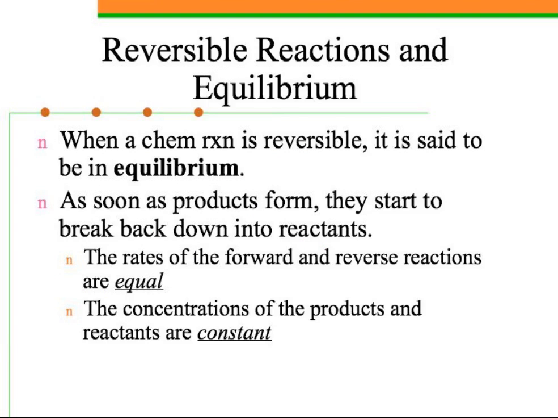Reversible reactions are said to be at equilibrium. With reversible reactions, we get to have equilibrium situations. Equilibrium is a term that you've heard of before, especially in biological terms. You've talked about before, your body is in equilibrium.